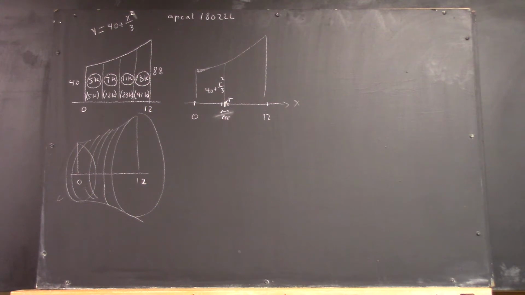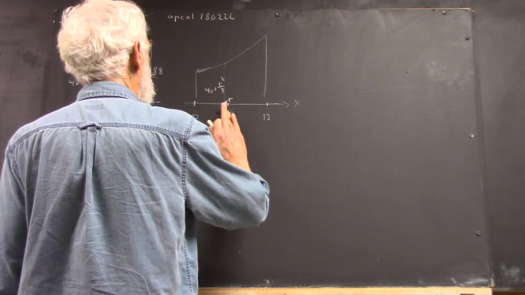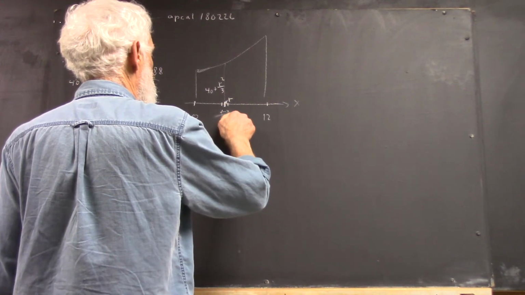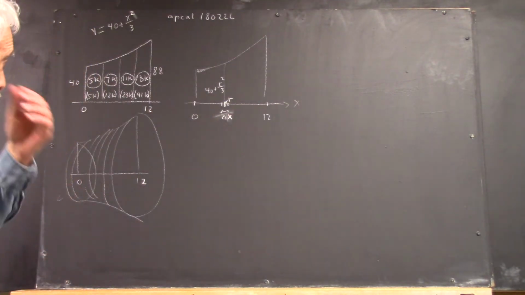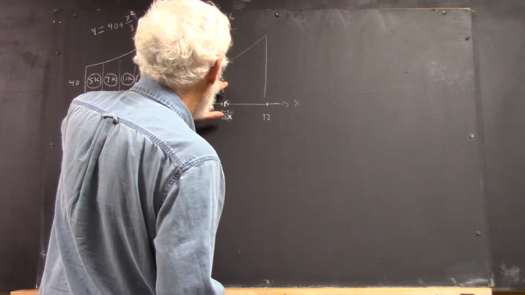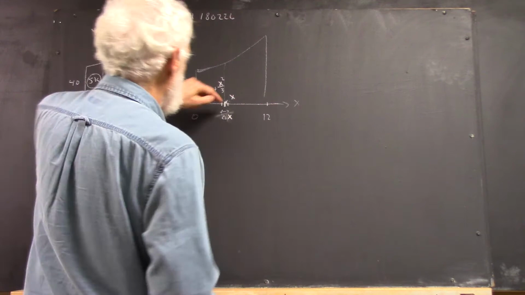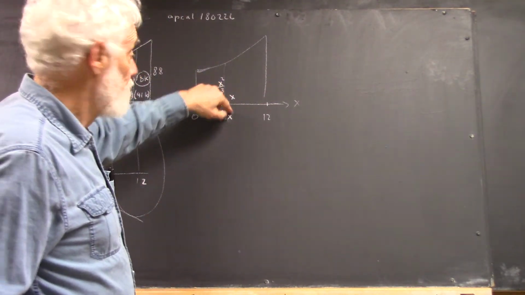Okay, we used r and a delta x in the original, but I'm going to call it x and delta x because it's not really what I'm talking about with r. So here's a typical x and a delta x.